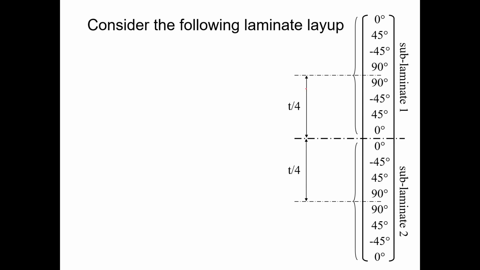Let's look at an example just to illustrate what we mean. For sub-laminate 1, we can see you will have the layout 0, 45, negative 45, 90, 90, negative 45, 45, 0. This is essentially a symmetric layout and also balanced. Therefore, you will have certain values equal to 0.